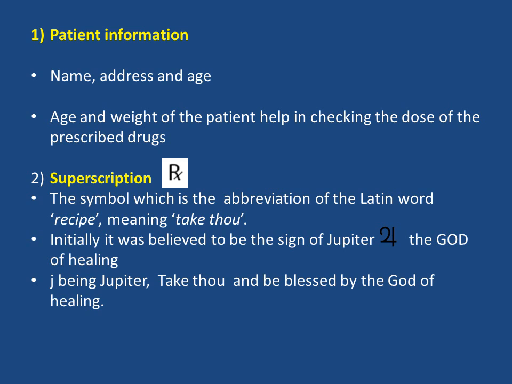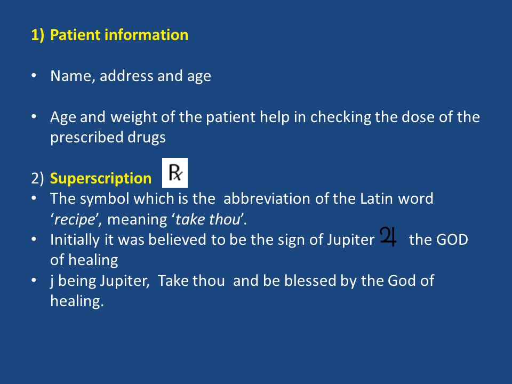The second part of the prescription is the letter Rx, or the superscription. The Rx symbol is the abbreviation of the Latin word "recipe," meaning take. Initially, it was believed to be the sign of Jupiter, the god of healing.